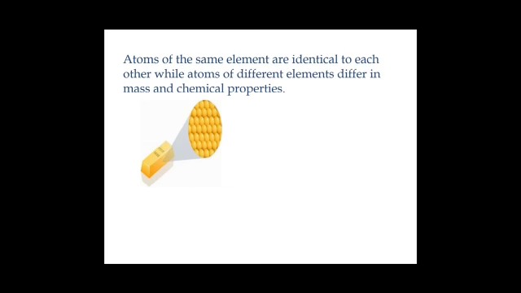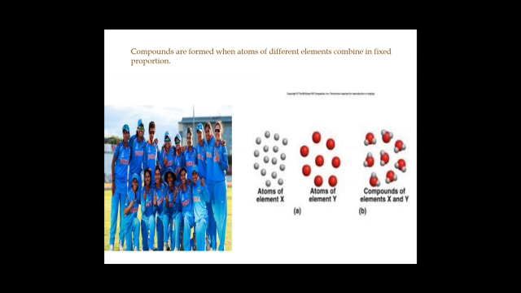Next point, atoms of the same element are identical to each other, while atoms of different elements differ in mass and chemical properties. Compounds are formed when atoms of different elements combine in fixed proportion. Example, you take a cricket team. A fixed number of players has to play a match.